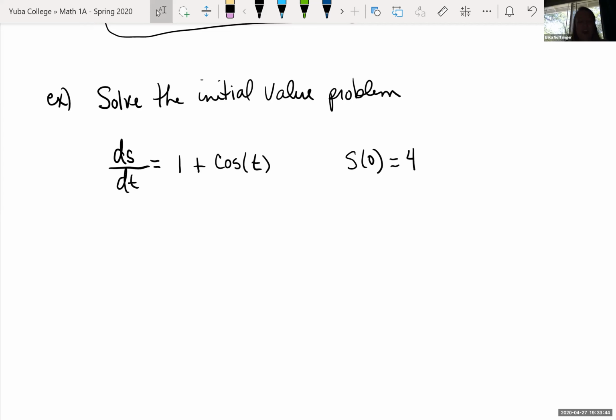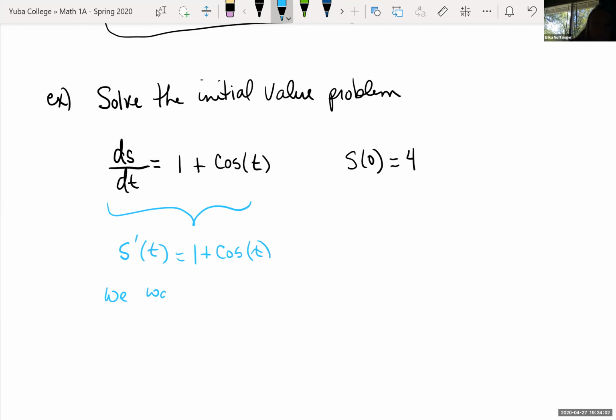So we want to figure out what our original function is. Another way to say this is s prime of t is equal to 1 plus cosine of t, and we want to find s of t.